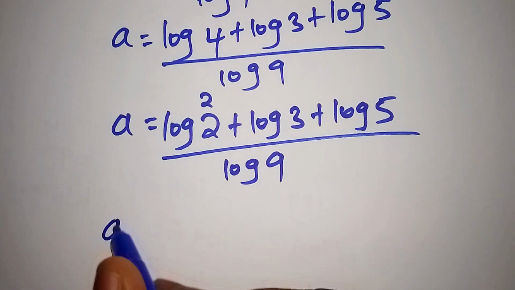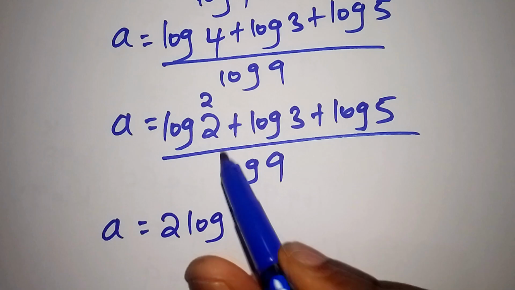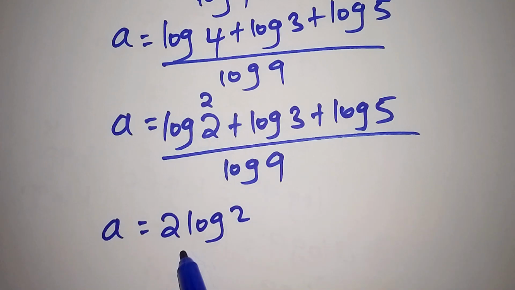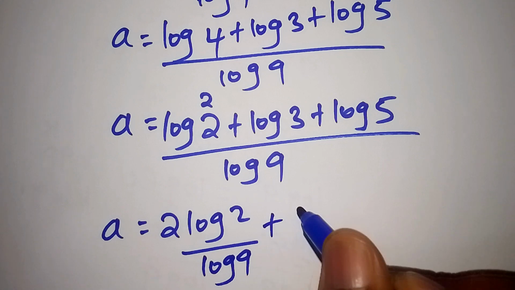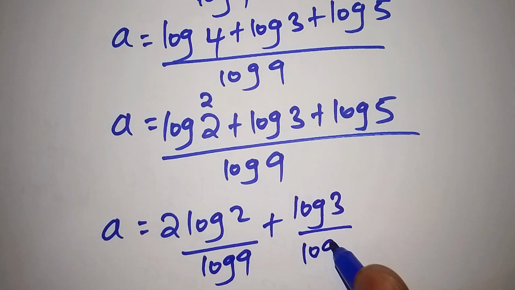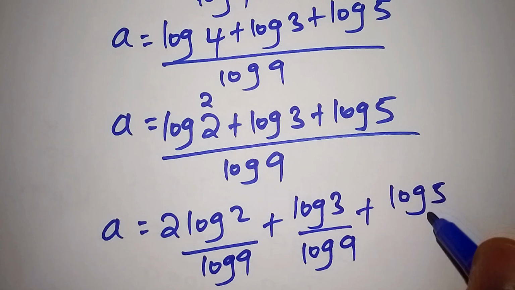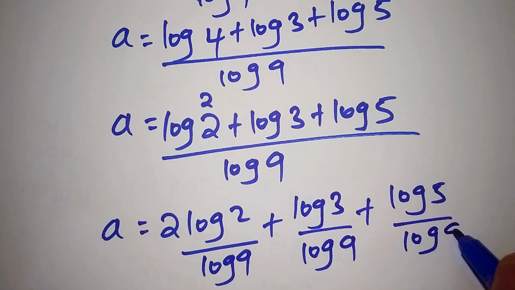So a is equal to 2 log 2 over the log of 9, plus log 3 all over the log of 9, plus log 5 all over the log of 9.